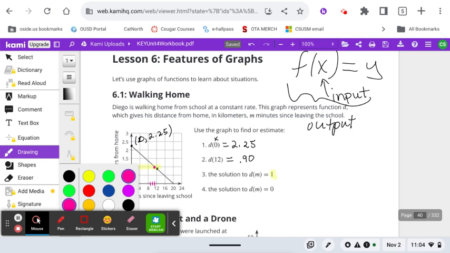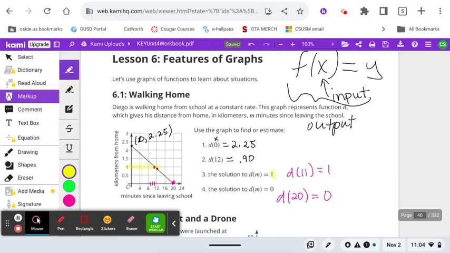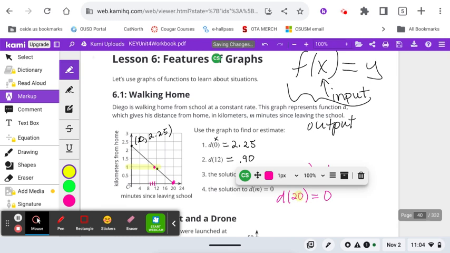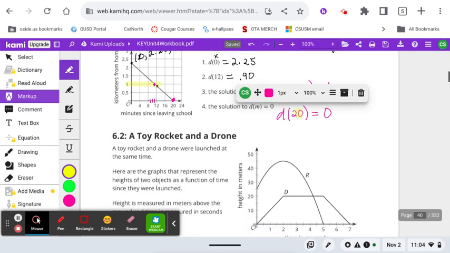Is that around 11 for the input? And then again, where is the output 0? That's down here. So the input is 20 when the output is 0. So the answer is given as an x value. 11 is the x value. 20 is the x value when the output is equal to 1 or 0.